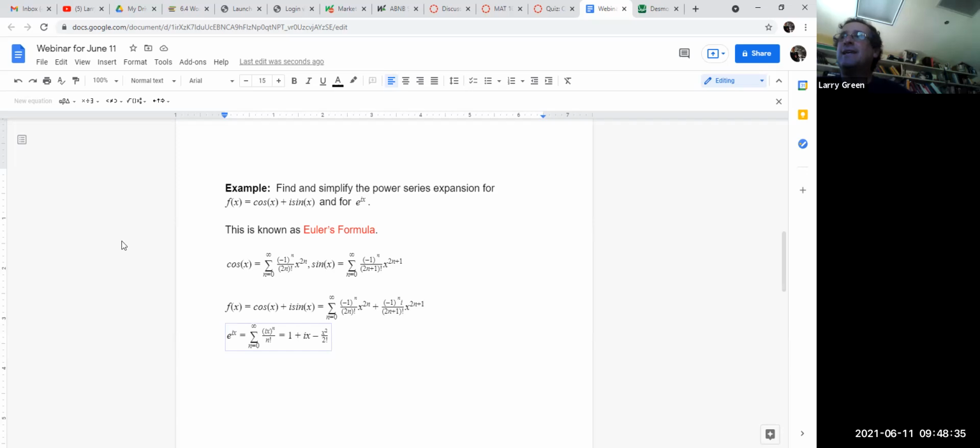Yeah, it's negative i, because i cubed is i squared times i. i squared is negative 1. Negative 1 times i is negative i. Any questions on that? So it's going to be minus i, and then we're going to have x cubed over 3 factorial. What's i to the 4th?